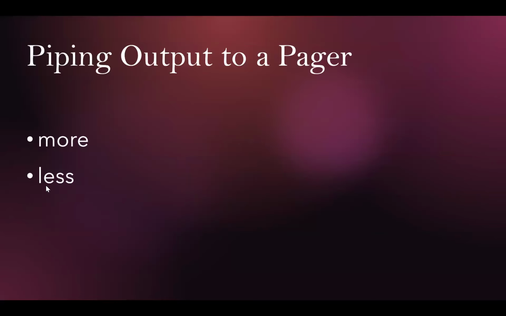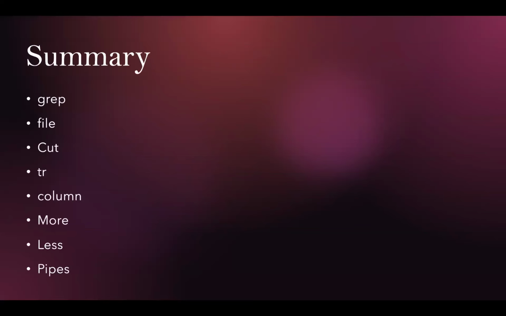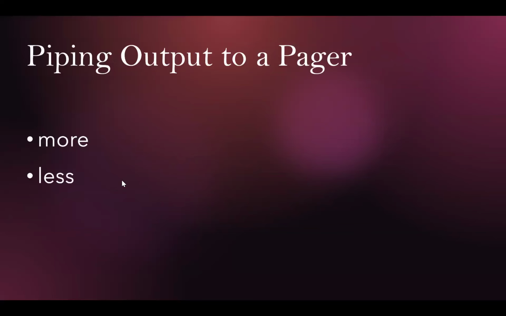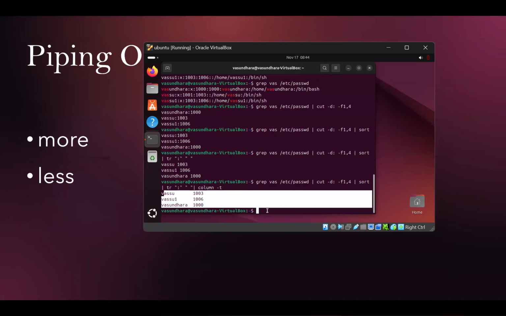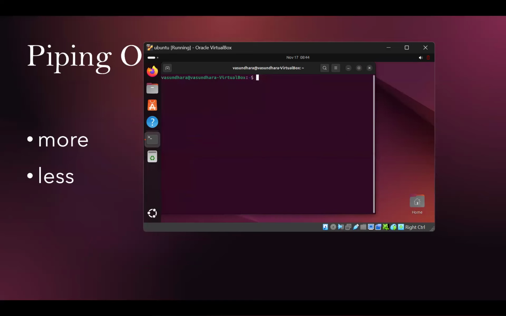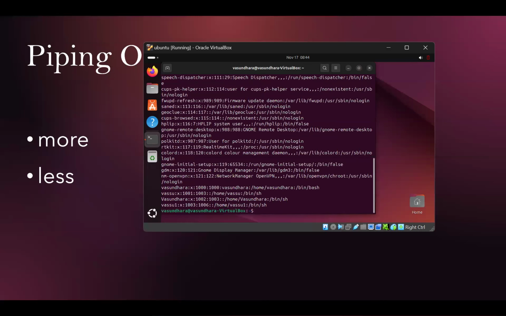Another common use of pipes is to control how output is displayed on your screen. To control the output, use a pager utility such as more or less. You have already used these commands on files, but keep in mind that they can take redirected input as well. Let me show cat /etc/passwd.